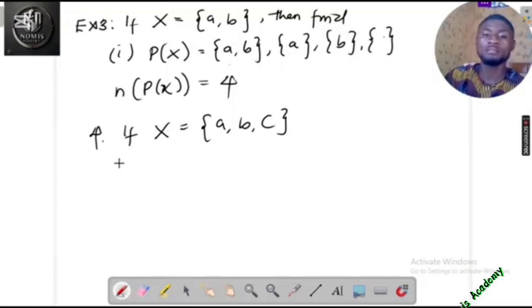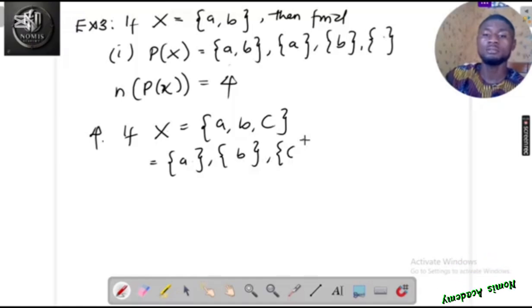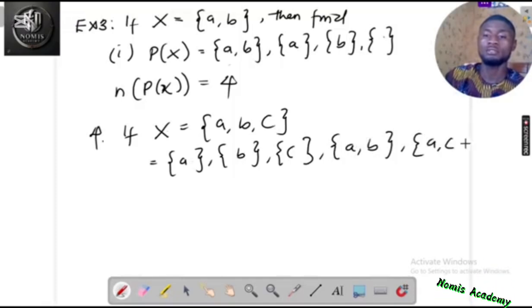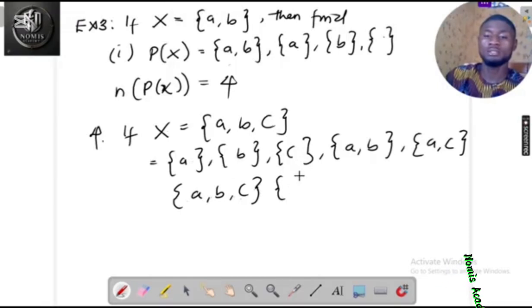The subsets of X will include {A}, {B}, {C}, {A, B}, {A, C}, {A, B, C}, the null set, and lastly {B, C}.